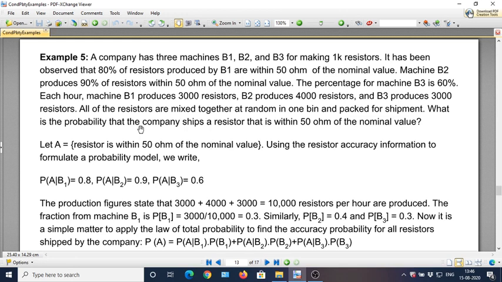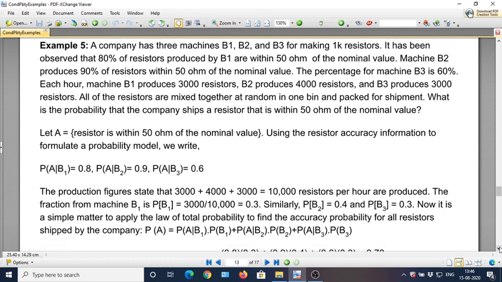So the probability that you will accept a resistor given that it is from B1 is 0.8. Similarly, you have these values, and to construct P(B1), P(B2), P(B3), we can easily find that B1 produces 3000 resistors, B2 4000, B3 3000, which add up to 10,000. So their fractional contributions, or the probabilities, are 3000 by 10,000, and so on.